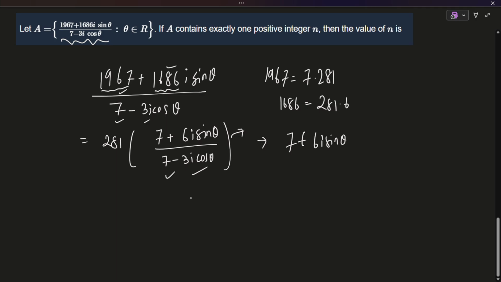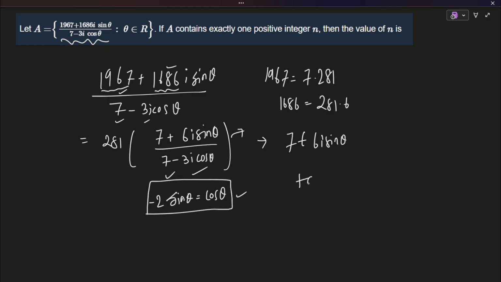I can understand that there is a minus 3i cos theta and a 6i sine theta, which means if cos theta becomes minus 2 sine theta, then we will have the answer. And this is obviously possible, because this will give you tan theta equals to minus half, right?